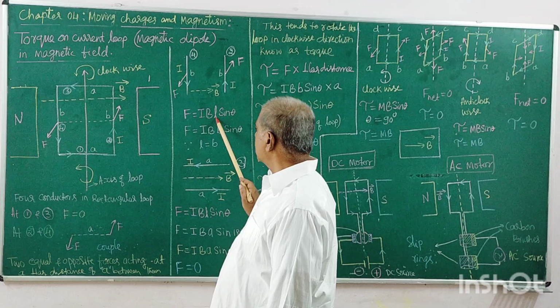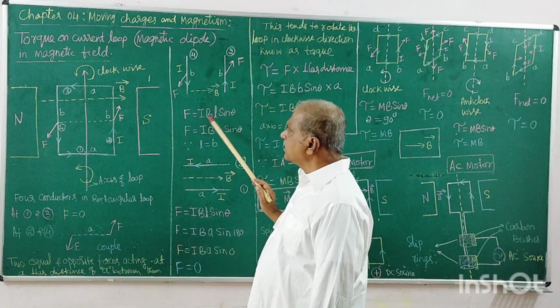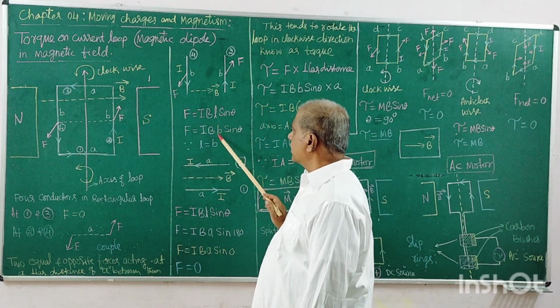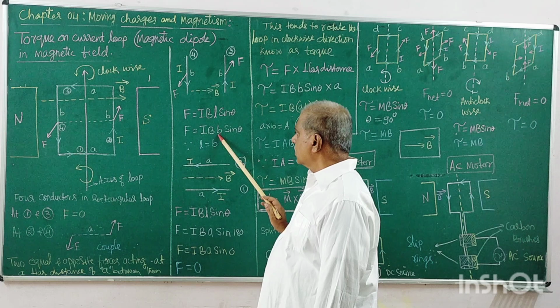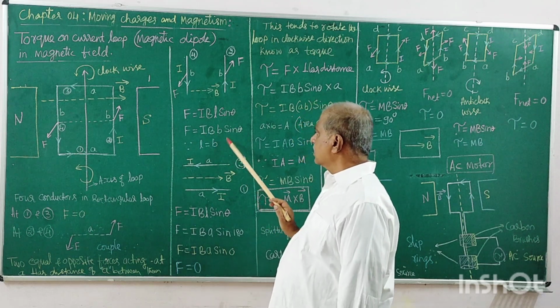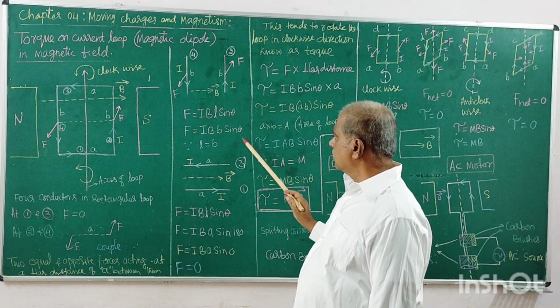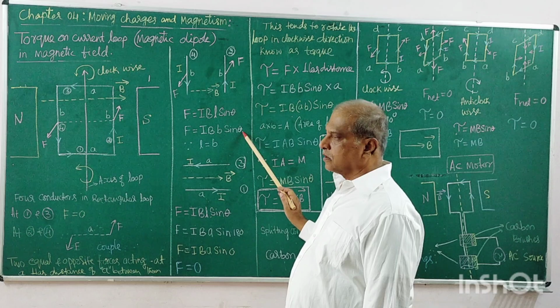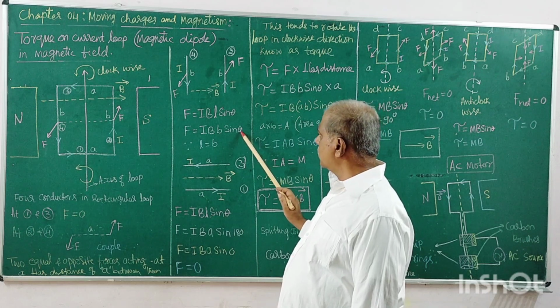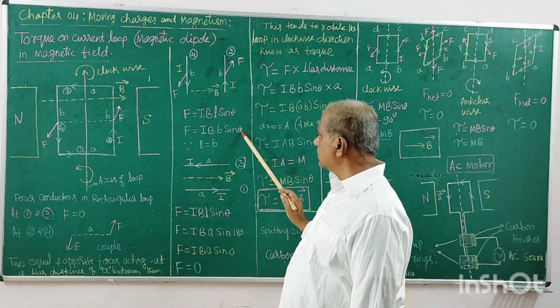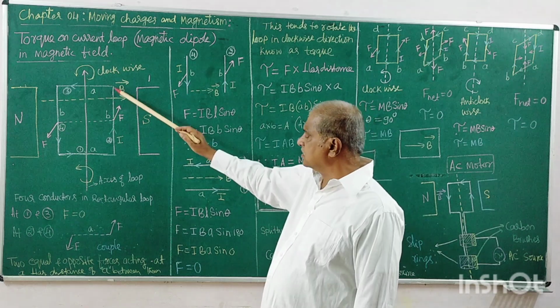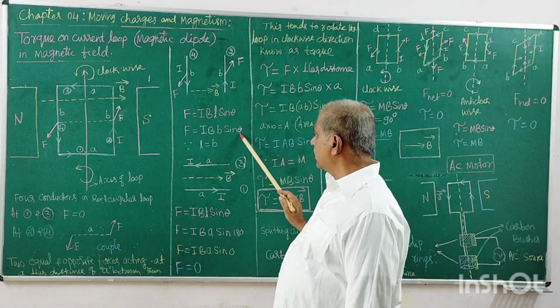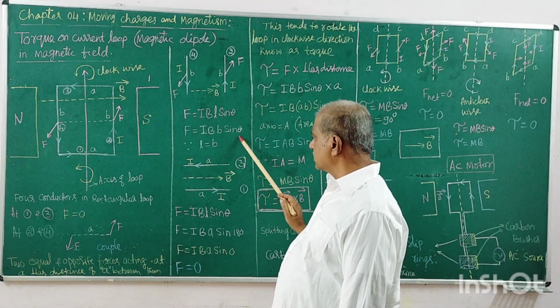What is L? The length of the conductor is B. So I B sin theta, where theta is 90 degrees. Theta varies between 0 and 90; when 0 it becomes 0, but in this case it is not 0, it has some value.